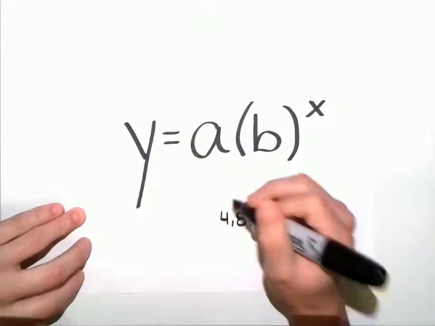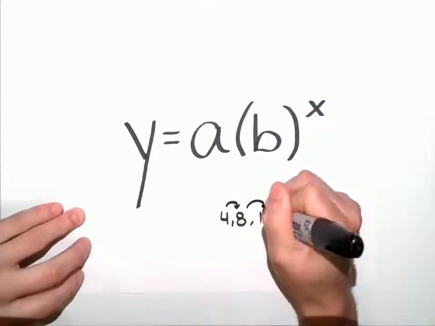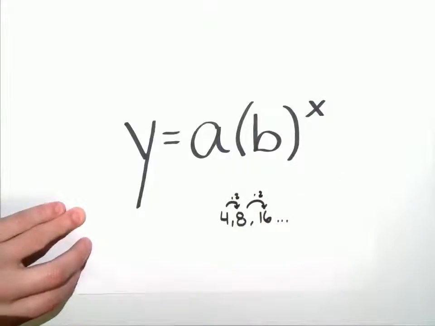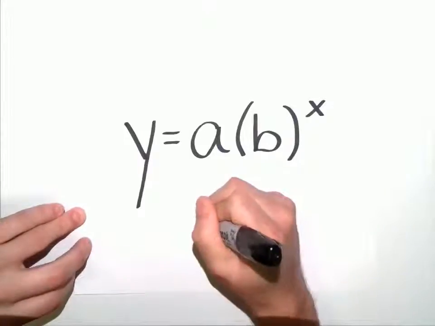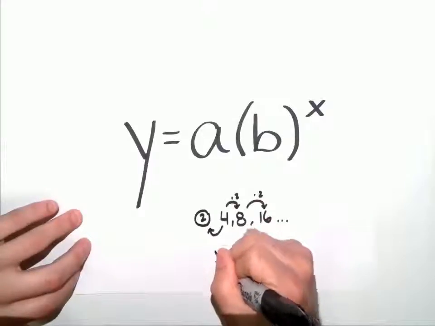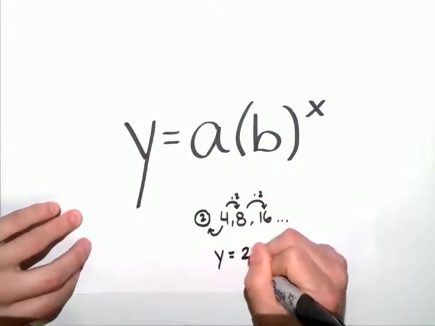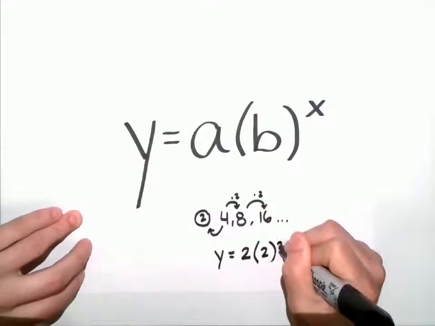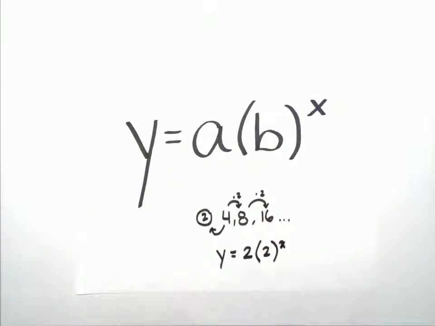And you were able to tell me what the constant ratio was, what were we multiplying by each time, in this case times 2, and what the zero term was by dividing by 2, and that got us back to 2 as our zero term. We ended up being able to write a rule that looked like y equals, starting at 2, multiplied by 2 to the power of x.